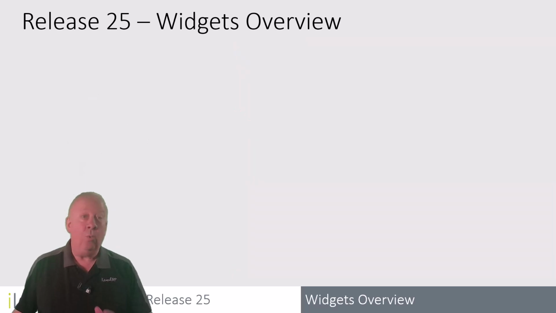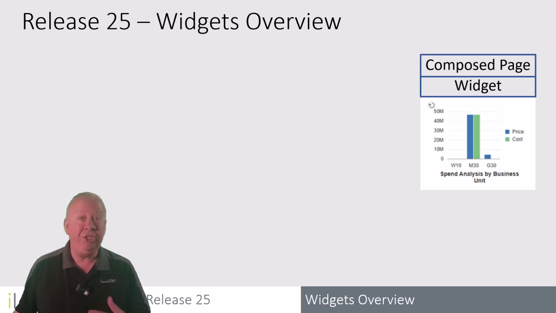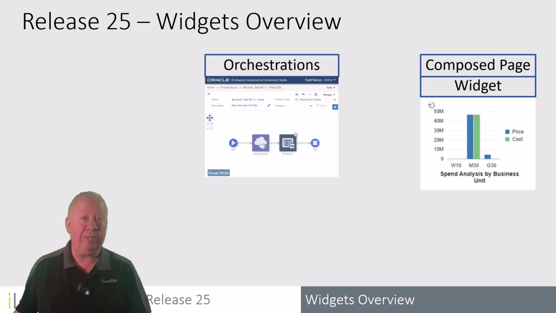As I stated, widgets use orchestrations to generate the data that populate the tiles on a composed page. So when we think about using a widget, we are thinking about generating information from some type of an orchestration that is gathering data. In this way, our orchestration is less about process automation and more about data extraction.